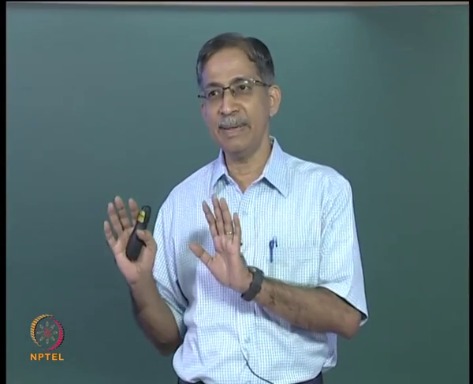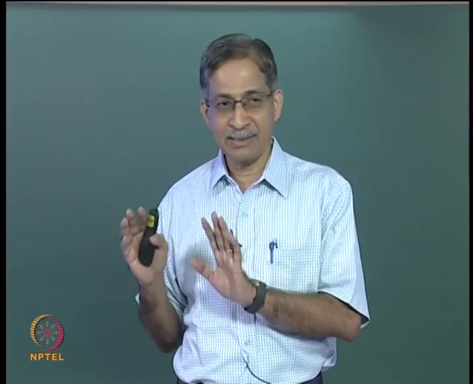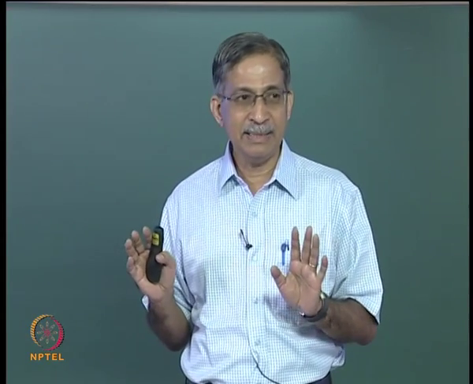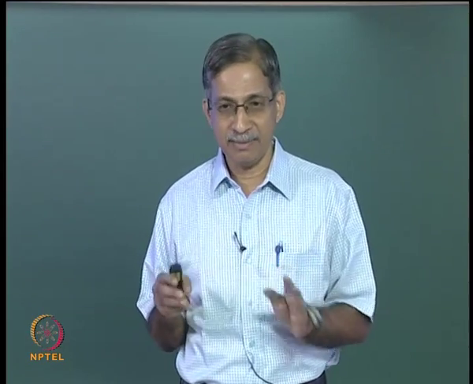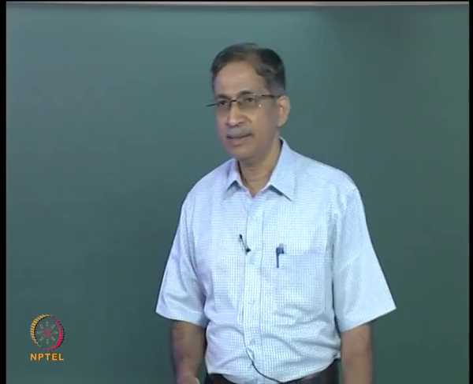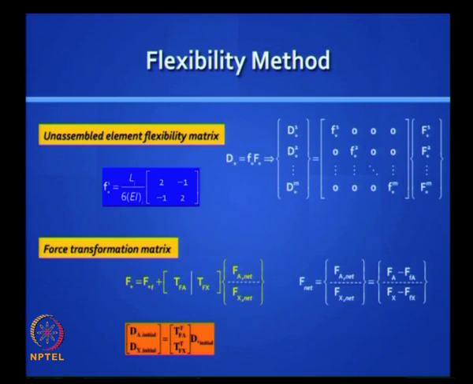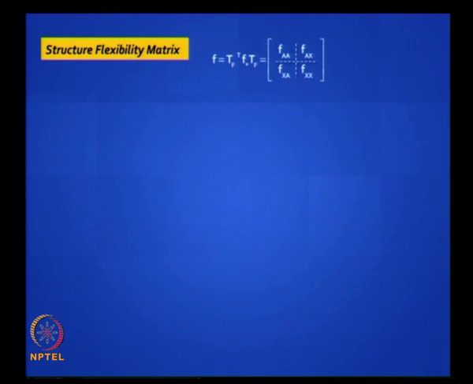The only change we are making is we did not have the X, we did not have redundants in the stiffness method. Instead we had reactions, we had R, that is the only difference. And as I explained earlier, in case you have initial displacements at non-redundant locations, you can use the transpose.